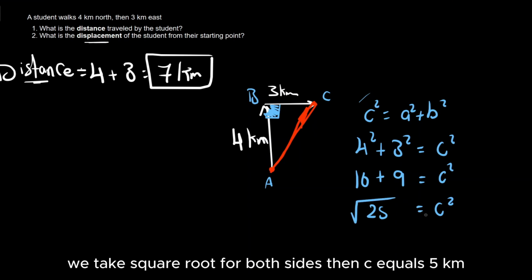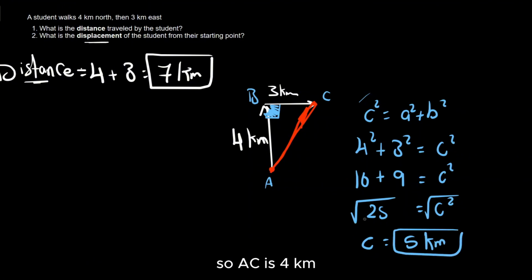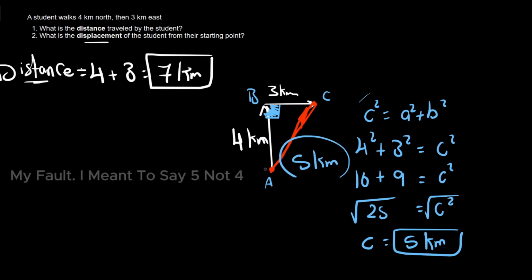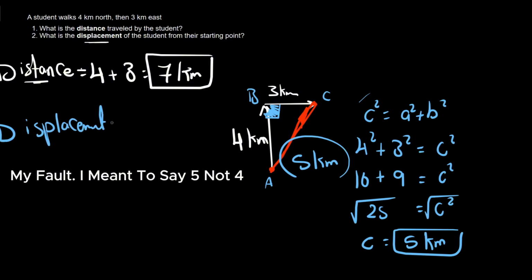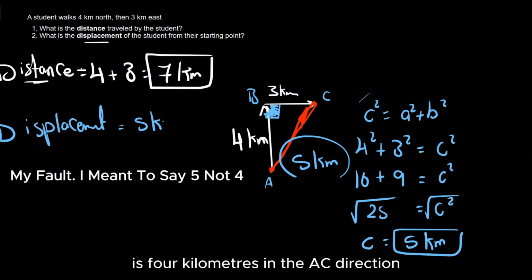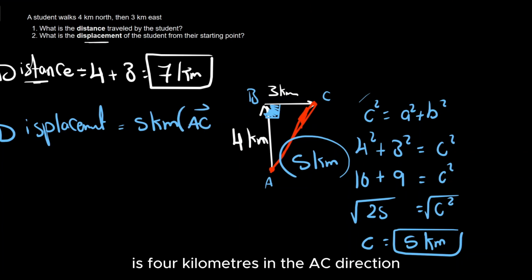We take the square root for both sides, then C equals 5 kilometers. So AC is 5 kilometers. So the displacement is 5 kilometers in the AC direction.